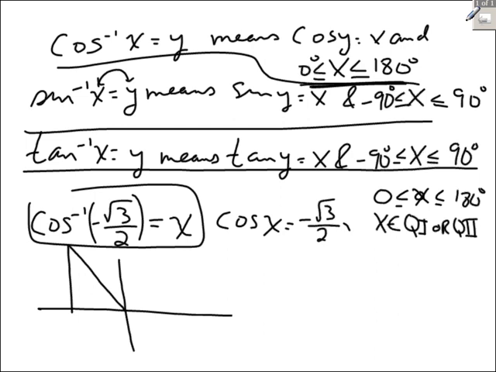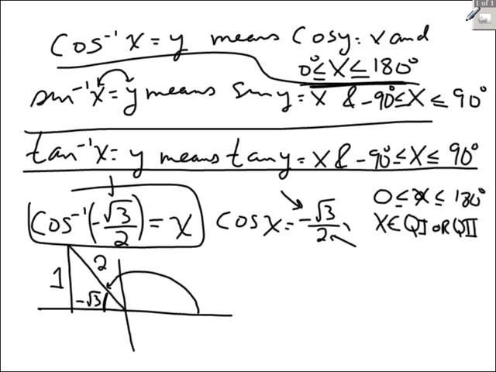Okay, so I have a cosine. So let me do it here. Adjacent over hypotenuse. Adjacent is negative the square root of 3, and hypotenuse is 2, and Pythagoras would remind us that's 1. Question is, what is this angle?